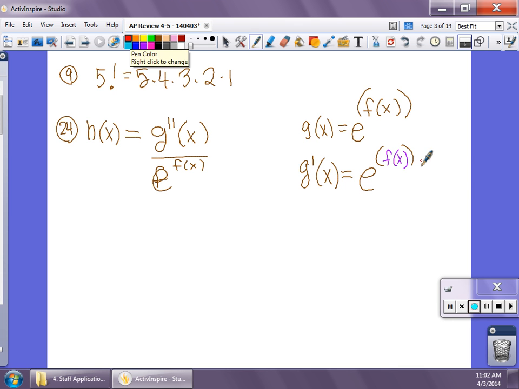Multiply by the derivative of the inside. But now that I did that, when I go to do this guy, not only do I have a chain rule, I also have a product rule. So now I have 2 rules to do. Once I find that, I'll be able to substitute it in for g double prime, and it will simplify. You will get an answer.